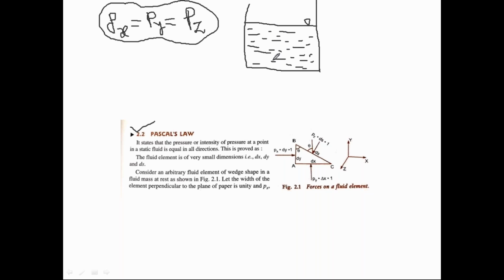If I immerse a duster here somewhere, then the intensity acting in the vertical downward direction, the intensity acting over the top area in X direction, and the intensity acting in this Z direction over the top area must be the same.